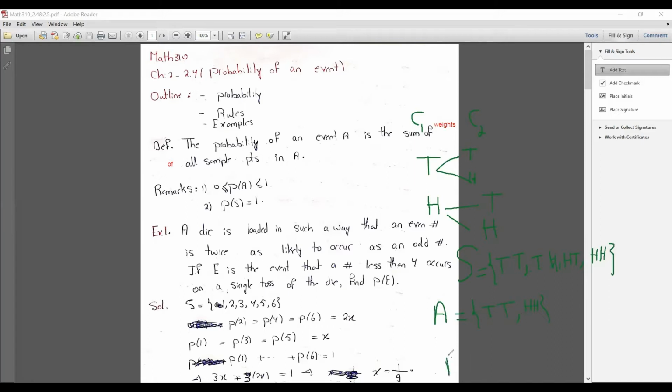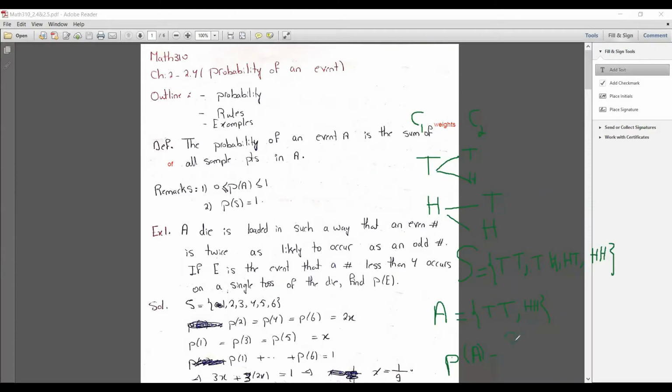When we say probability of A, it means what's the chance that A occurs? So what will be the chance for A to occur? Either we're going to get tail, or we're going to get head. So how many possibilities do we have?